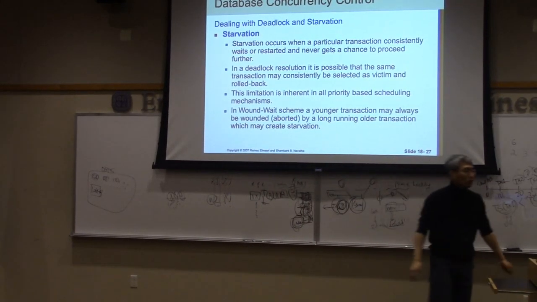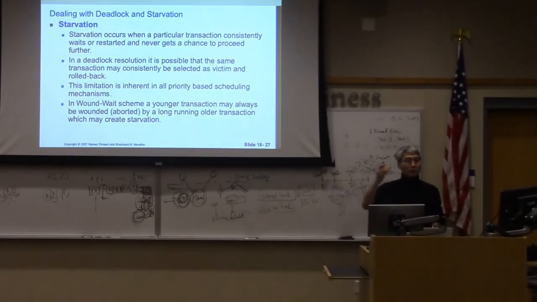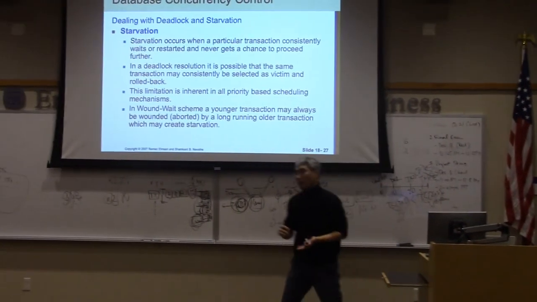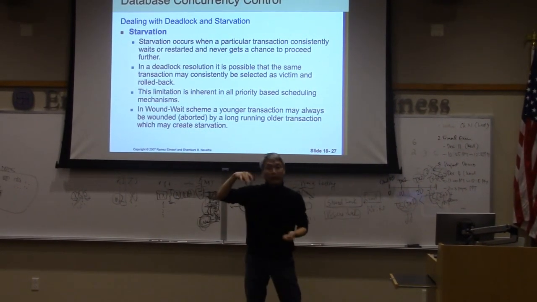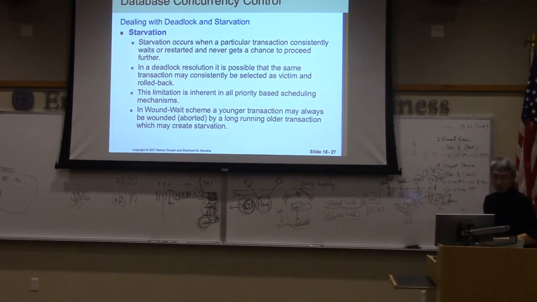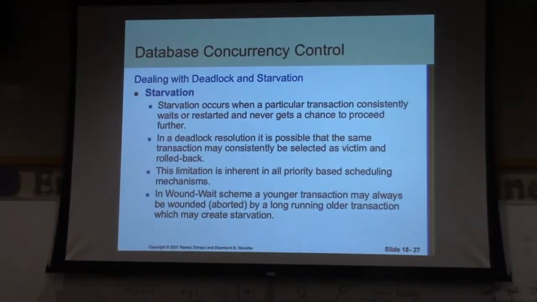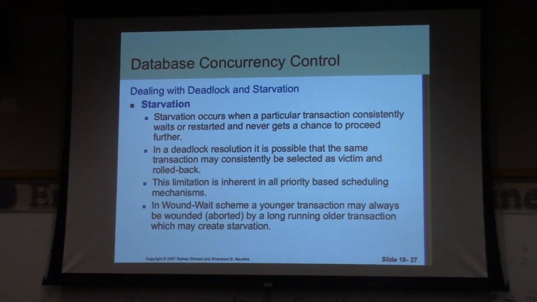You can address starvation, for example, with promotion. You can escalate the priority: if a certain process waits 1 minute, it moves to the next level, and eventually it gets the resource. So wait-die or wound-wait may have such a starvation problem.